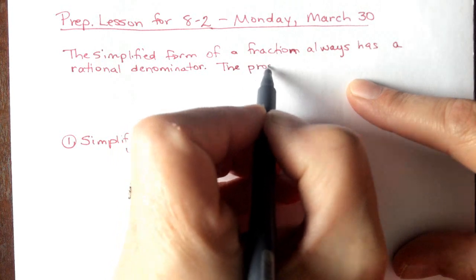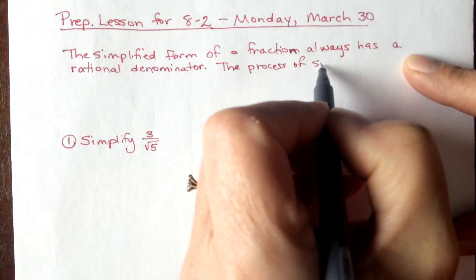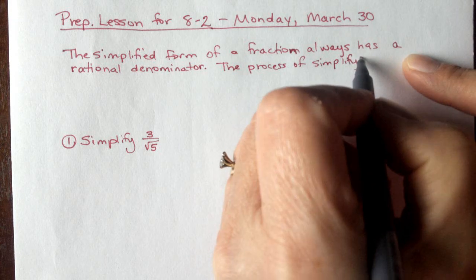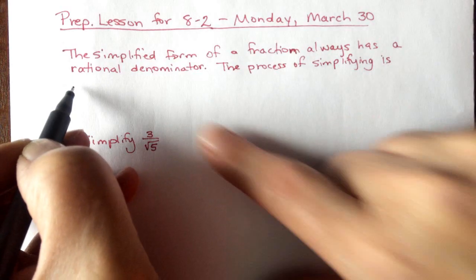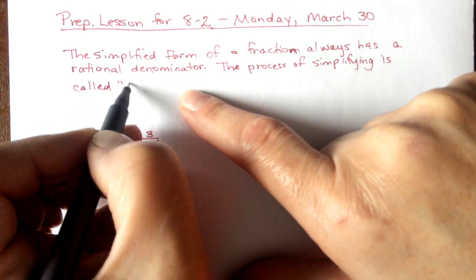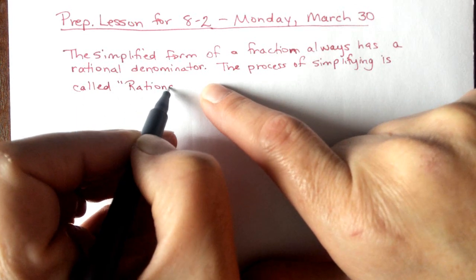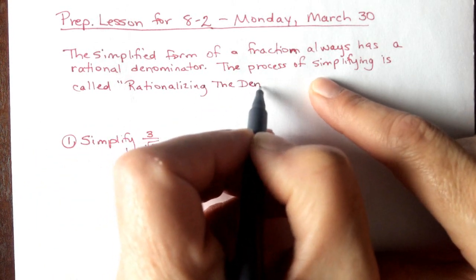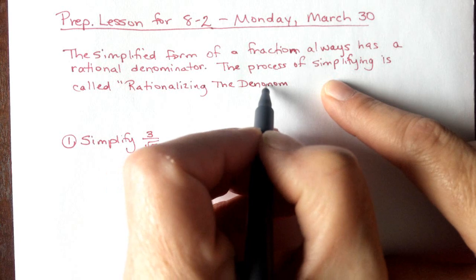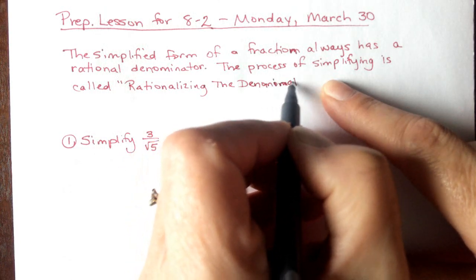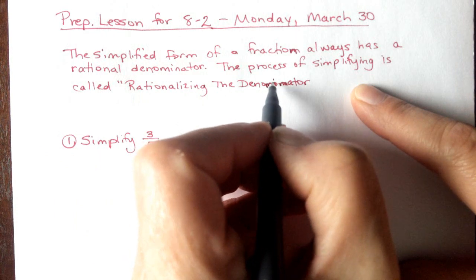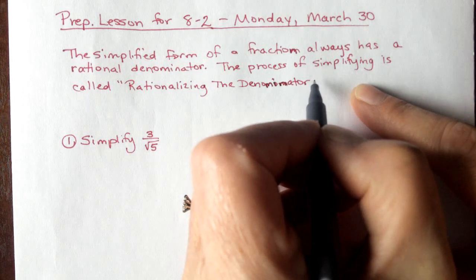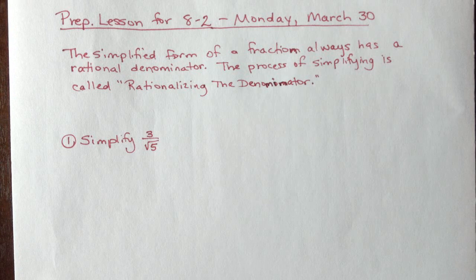The process of simplifying is called rationalizing the denominator. Denominator. That shouldn't be that hard. Okay, so fancy word for get the radical out of the denominator, or fancy phrase.